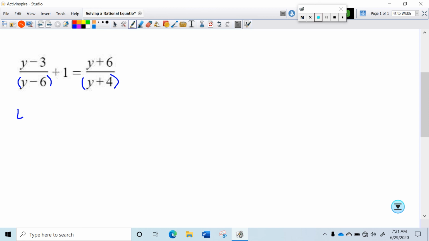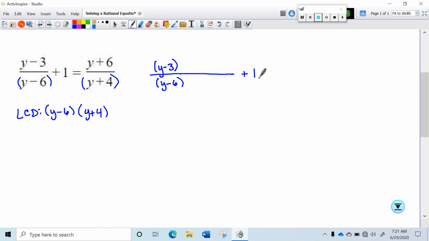My LCD on this, I've got a family of y minus 6 and I have a family of y plus 4. I'm going to rewrite the original one with extra long fraction bars and put the binomials in parentheses. So y minus 3 over y minus 6 plus 1, leave myself some space, equals extra long fraction bar y plus 6 over y plus 4.